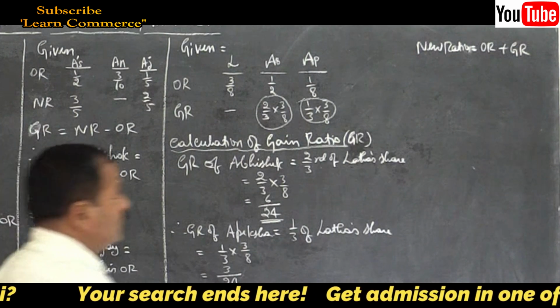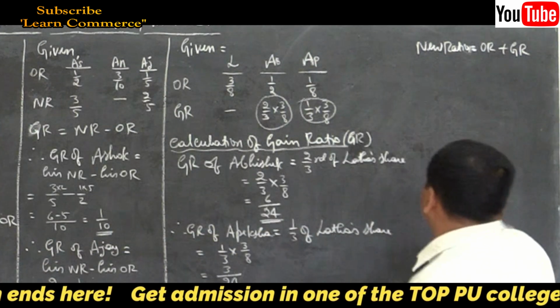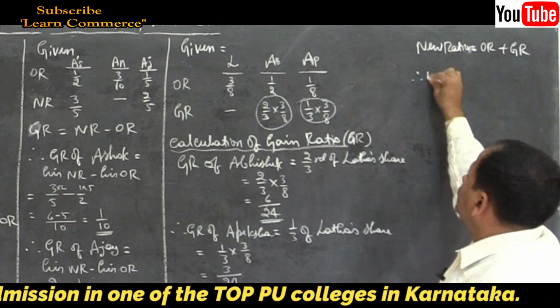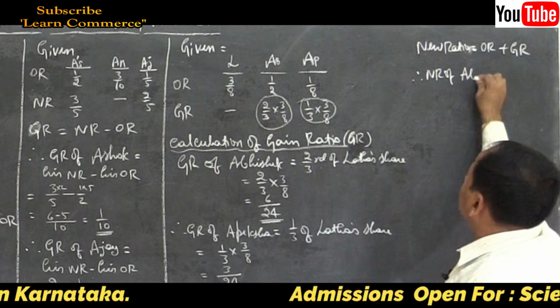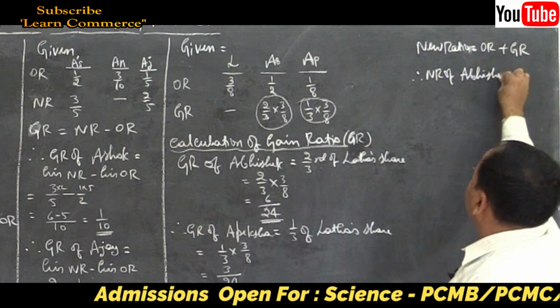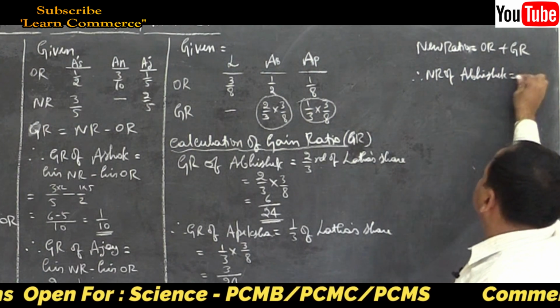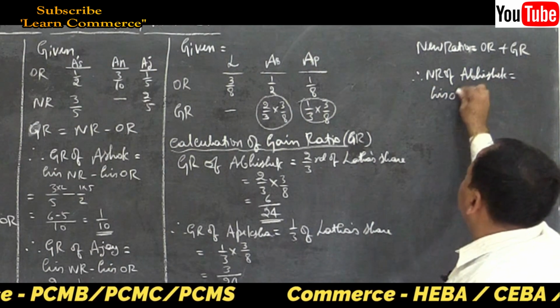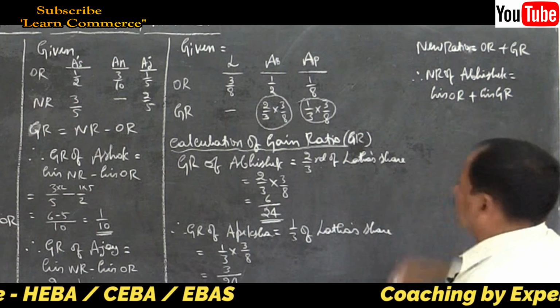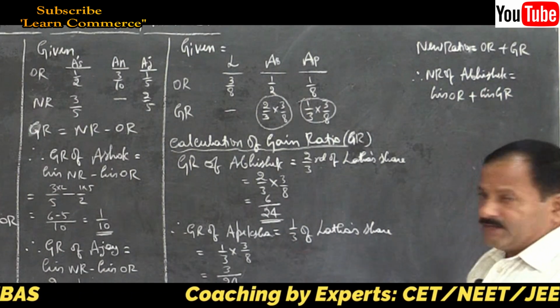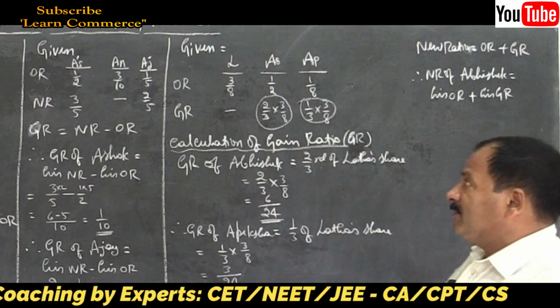New ratio is equal to old ratio plus gain ratio. Therefore, new ratio of Abhishek is equal to his old ratio plus his gain ratio. Both are there. Gain ratio we have calculated here and old ratio is given in the problem, right?